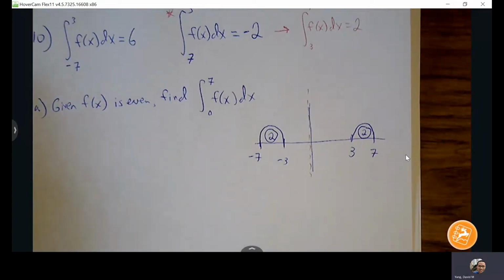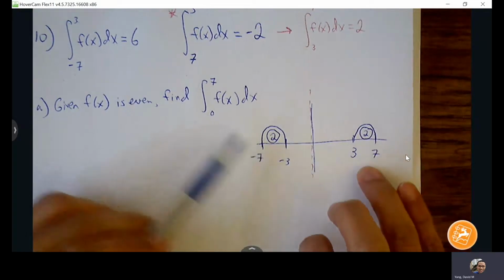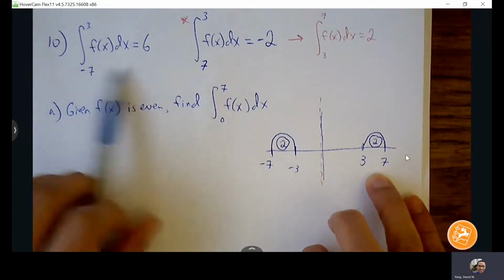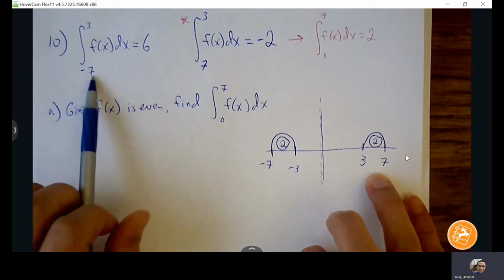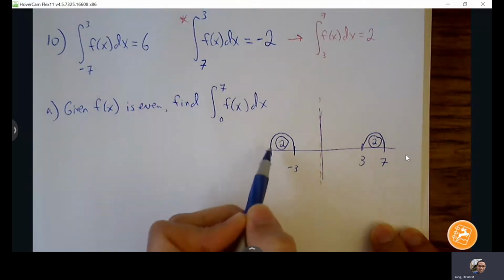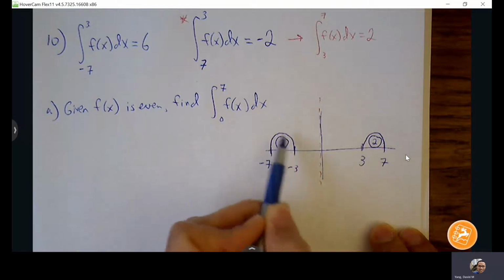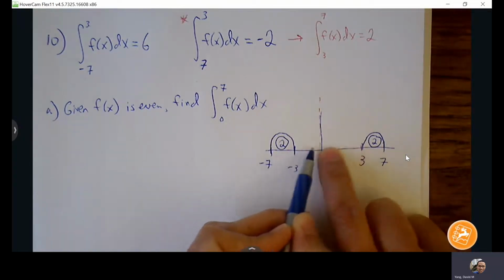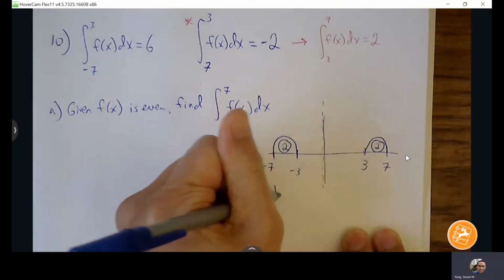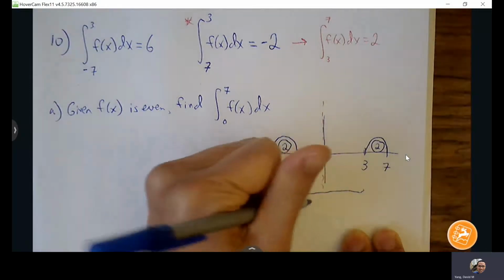Okay, so now that we have this, let's look at our larger interval, right? So now we can fill this in here. -7 to 3 is equal to 6. I know you're looking at this thing that you want to maybe fill that entire interval there, but this is already finished, right? You just want to fill out the empty spaces. So we know that all these numbers should add up to be a positive 6.